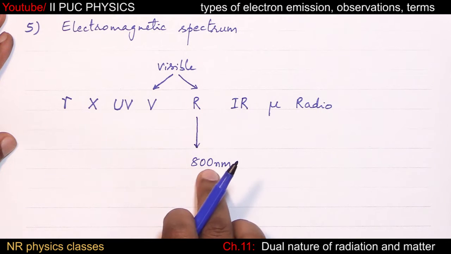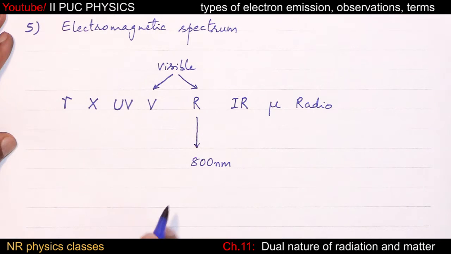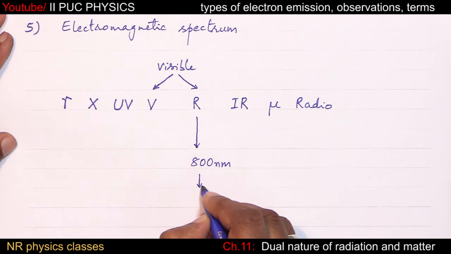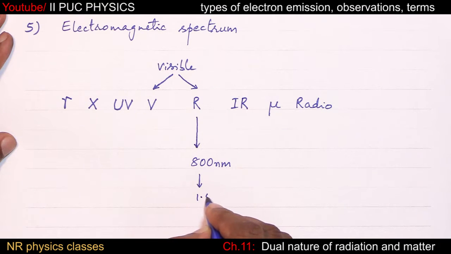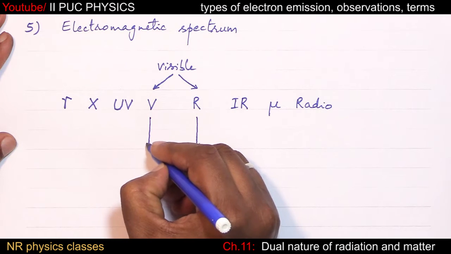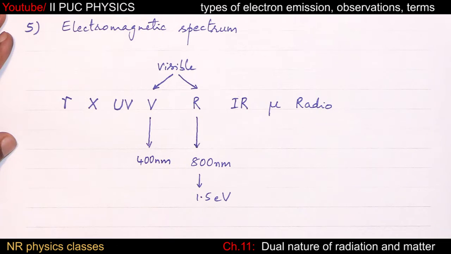There is no clear demarcation to say that till here there exists red. So if red wavelength is about 800 nanometer, then corresponding energy is about 1.5 eV. Let us solve this later. Time being, if wavelength of violet is about 400 nanometer, then corresponding energy is about 3 eV.